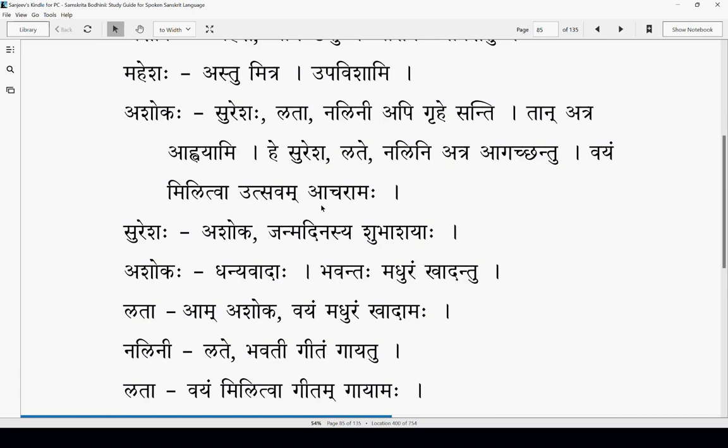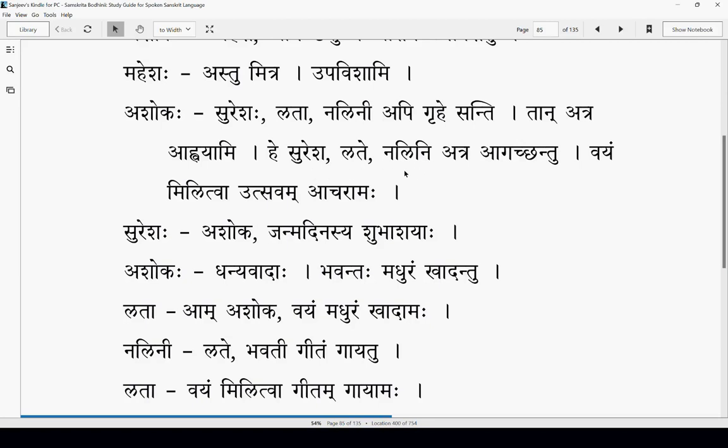So here, focusing on the Sambodhanam, mainly we have Hey Suresha, Late, Nalini. Suresha being like Rama, we have Sambodhanam Suresha. Lata is the word, then it becomes Late. Nalini, Dirgha Ikaranta, becomes Nalini, Hrasva in the Sambodhanam.